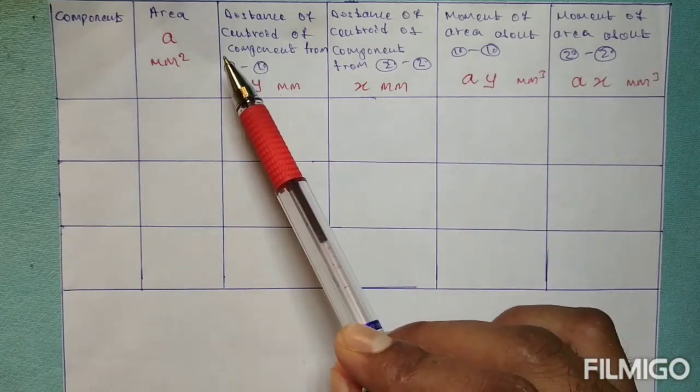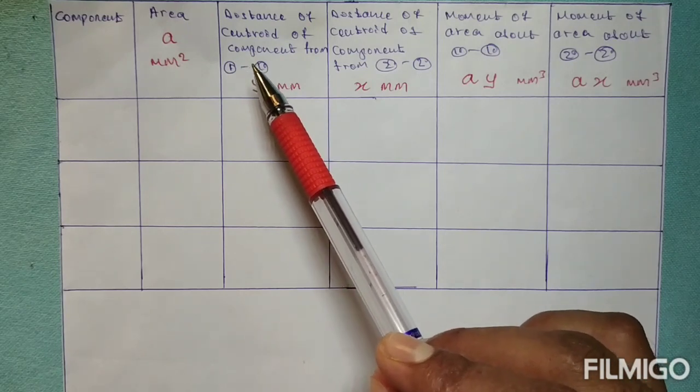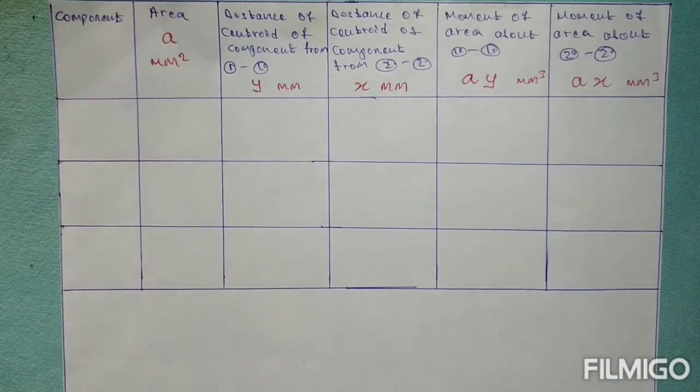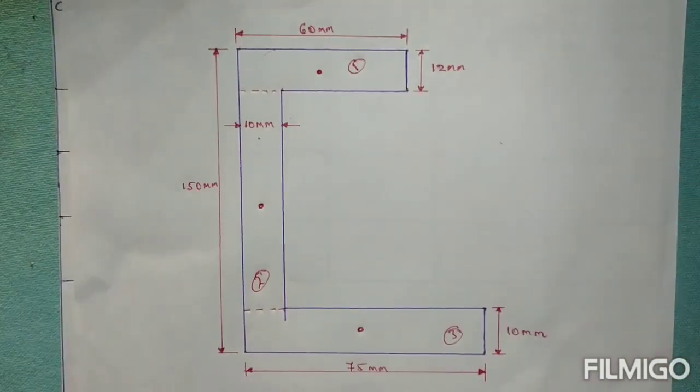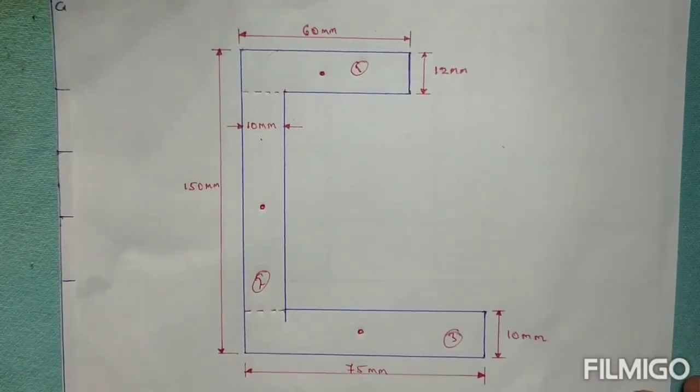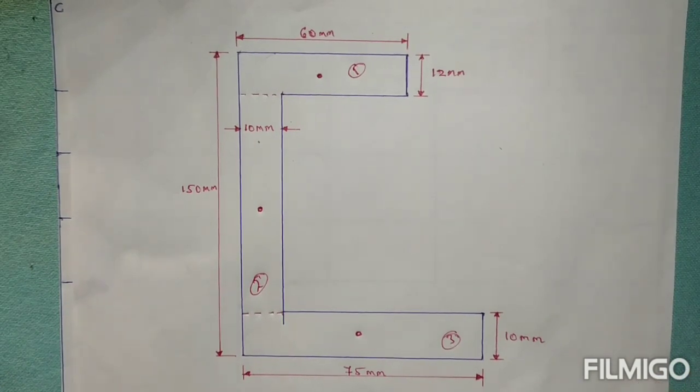So you can see in the tabular column we have the reference axis 1-1. I will show once again the figure we have chosen. Here we have to take two reference axes, 1-1 and 2-2. I have already explained how you have to take the reference axes.